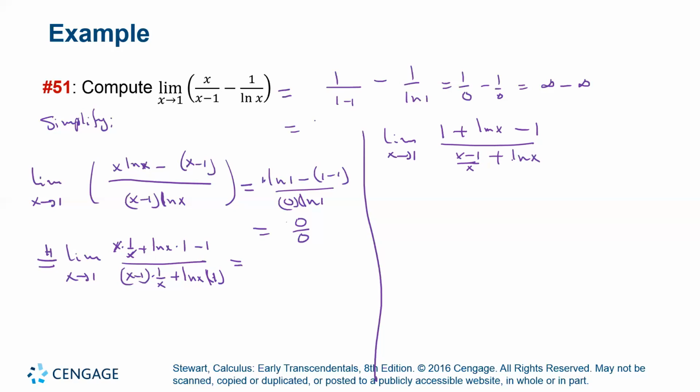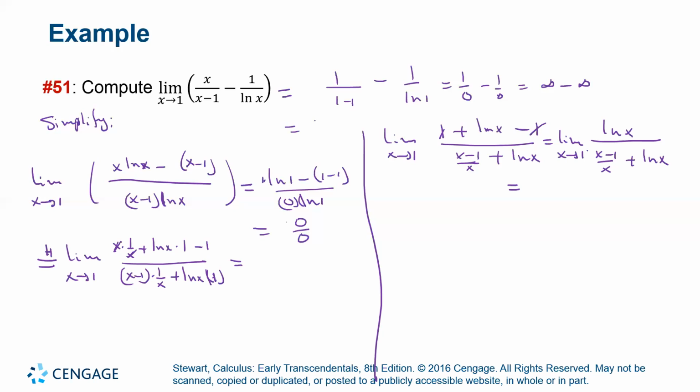Natural log of x. So then the numerator basically becomes what? The limit as x goes to 1 is natural log of x, because 1 will cancel out, and then divided by x minus 1 over x, then plus natural log of x. So then let us substitute the 1 into that and see what we get.